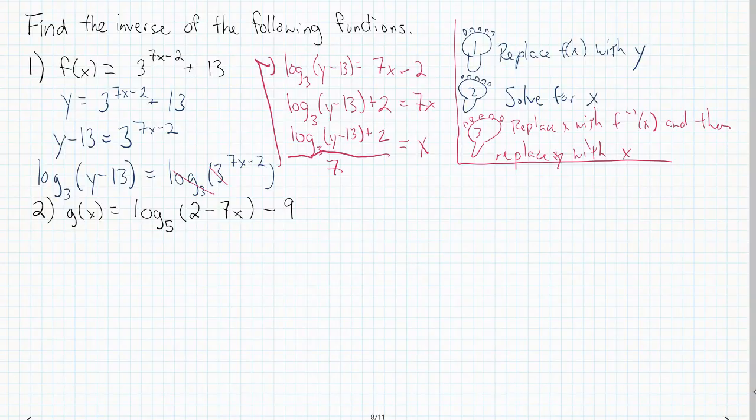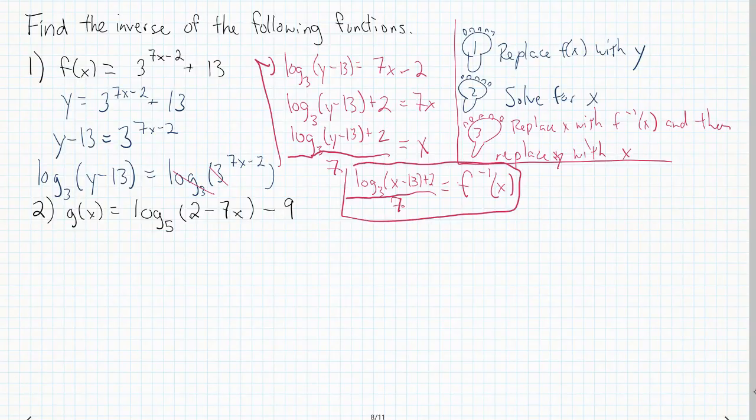I'm actually going to start with this side and write it over here. So f inverse of x equals log base 3 of, instead of y, we want x minus 13, plus 2, all divided by 7. And that's it. We are done right there.